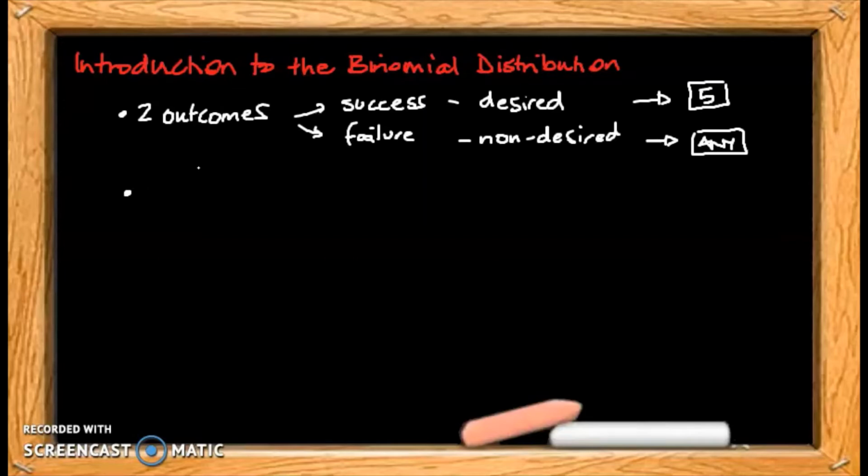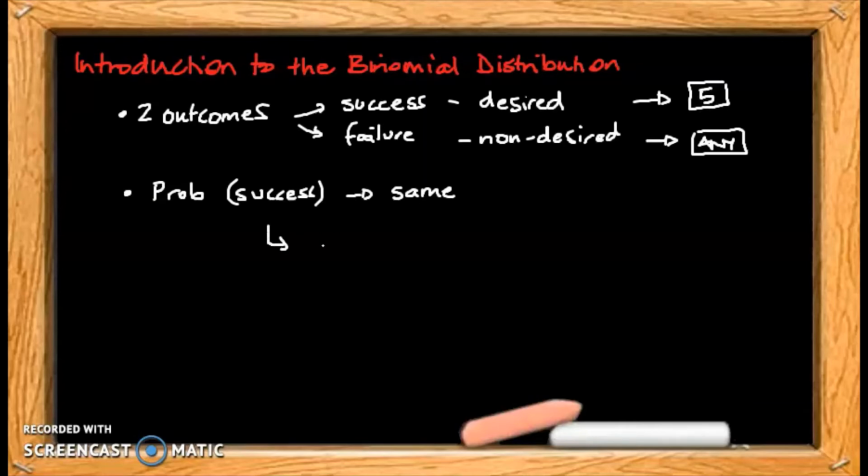The second factor that must be in play is every success must be independent of the other, which means the probability of success for any single trial must not change. So it must be the same. So that means if I roll a dice 100 times, each time the probability of getting this desired outcome can't change from the previous or the next.